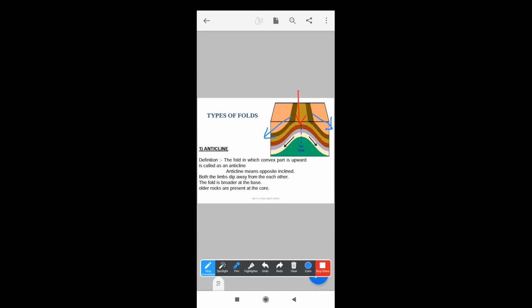In the last lecture I discussed with you, the limb means the sides of the fold. When we imagine two sides from the center, one side is considered a limb, another side is another limb. When you look at the dip of the rocks in the limbs, they are away from each other. Inclination of the rocks is also away from each other.